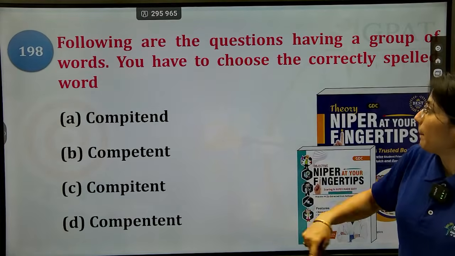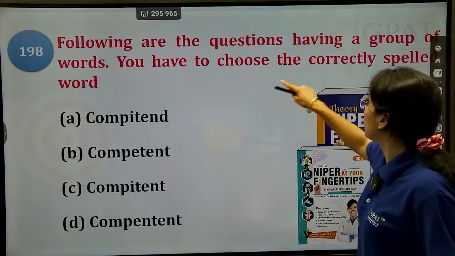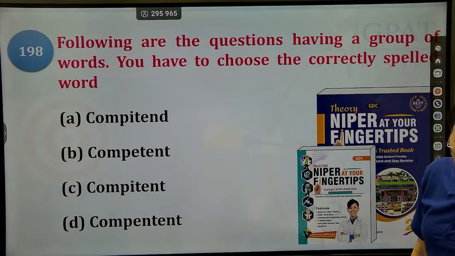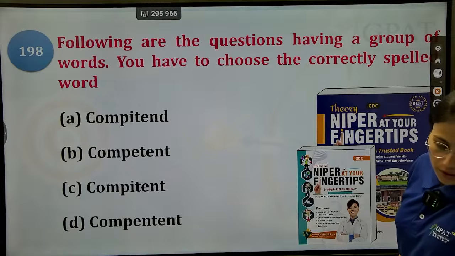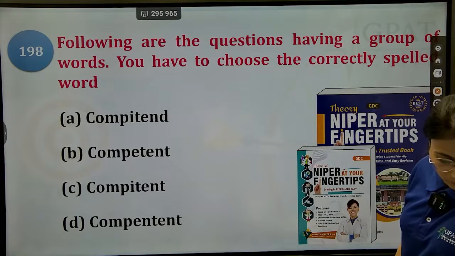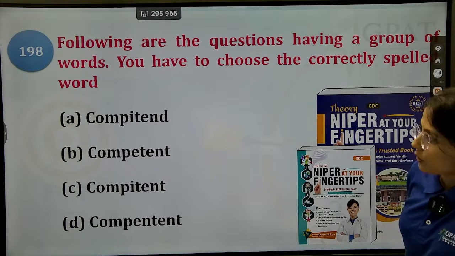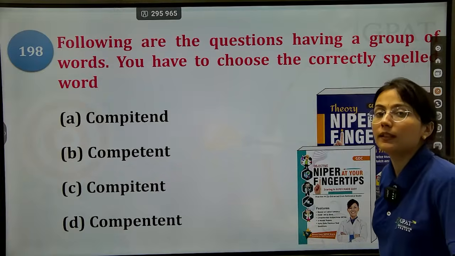Now, following are the questions having a group of words. You have to choose the correctly spelled word. Competent. Option D. Competent, like having the necessary ability.